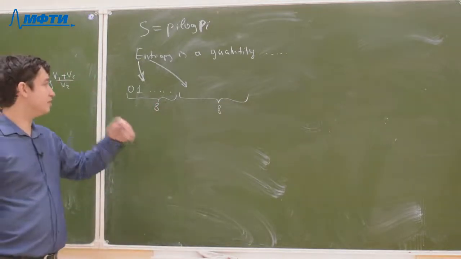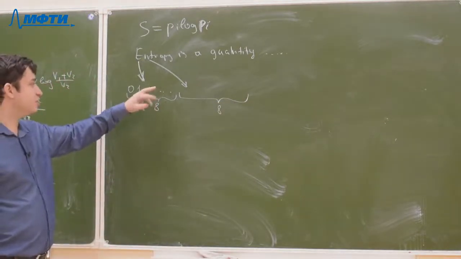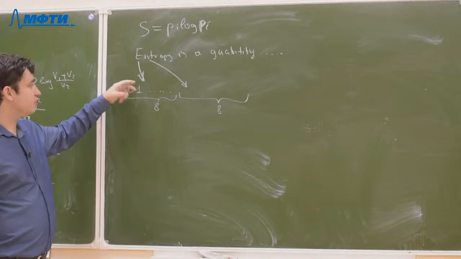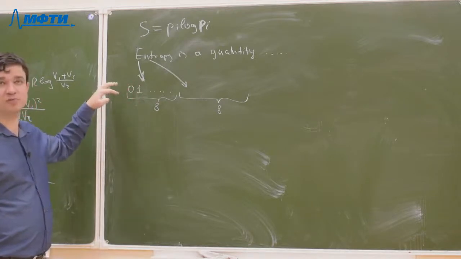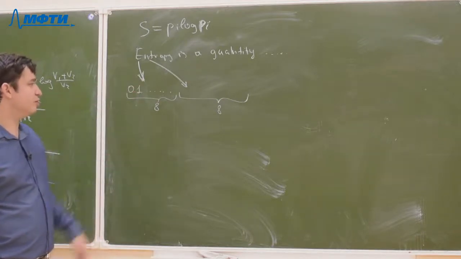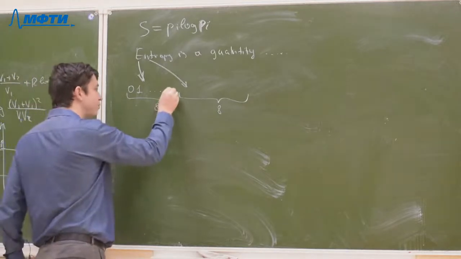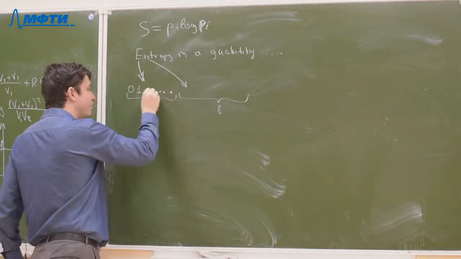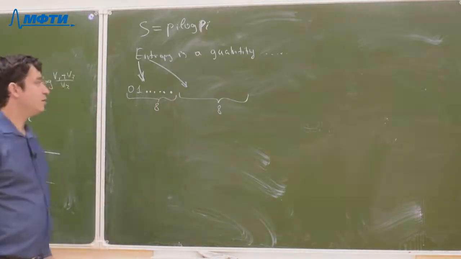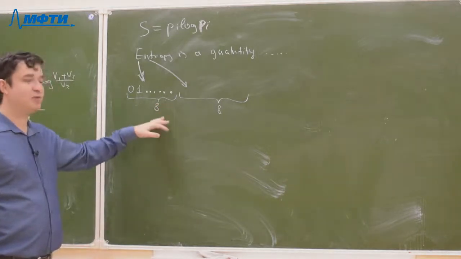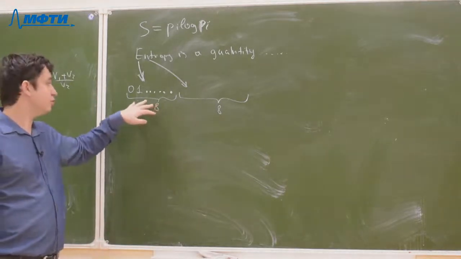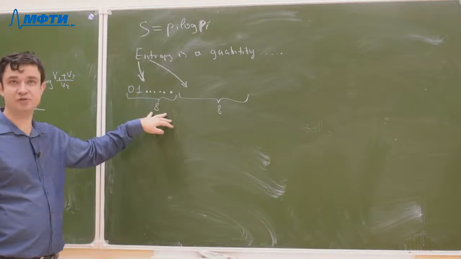So we have 8 digits, which have one of two possible values, 0 or 1. And then we can study the probability distribution for these combinations of 8 bits.